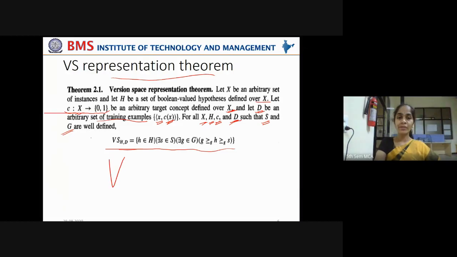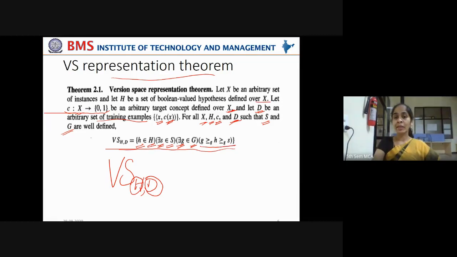Now, this version space, V S H comma D, is like a set. This set of hypotheses H, which is consistent with the training examples D, how is it defined? It is the set of all hypotheses H belonging to the valid hypothesis space such that there exists a specific hypothesis that belongs to the specific boundary, and there exists a general hypothesis that belongs to the general boundary, such that, what is the condition?